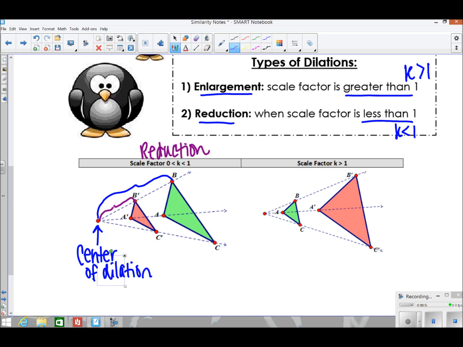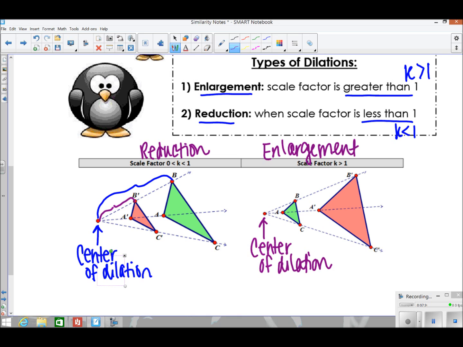If you look over here at the enlargement, when K is greater than 1, the scale factor being greater than 1, look at that distance now. I started with the green triangle this time, and now when I get to this pinkish color, this triangle looks much bigger. It almost looks like maybe it's 3 times bigger. Here's your center of dilation again. Every point is being measured from the center of dilation.